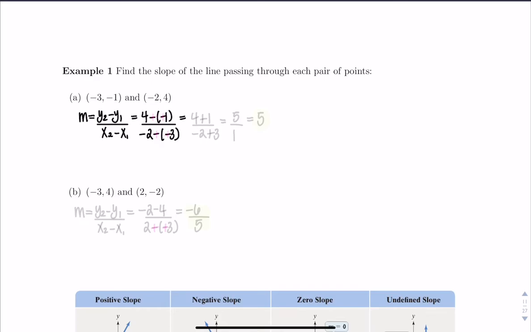Well, 2 negatives give me a positive, and same thing on the bottom, I've got 2 negatives. So what we really have is 4 plus 1 all over -2 plus 3, but this is just 5 over 1, or just 5.